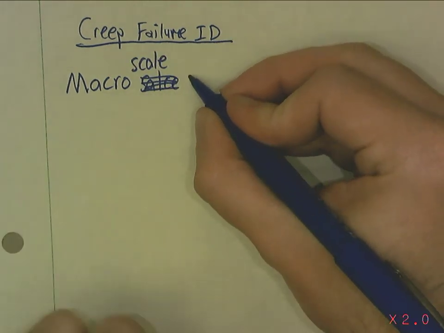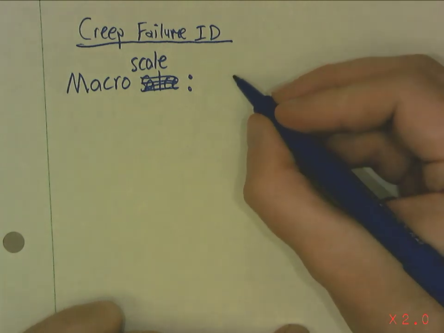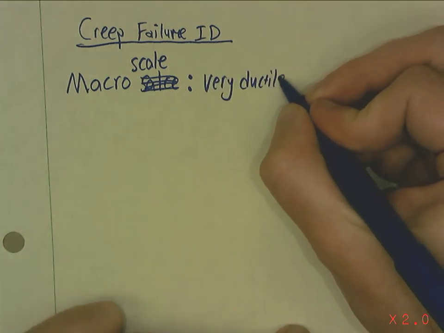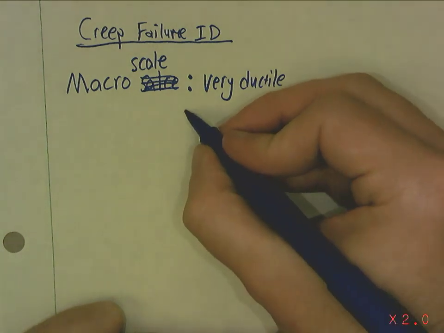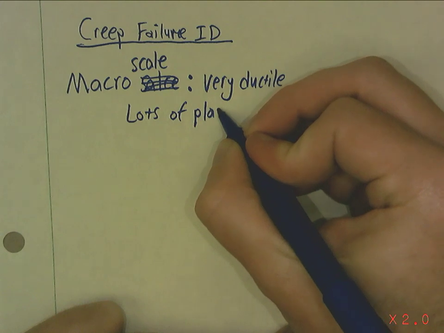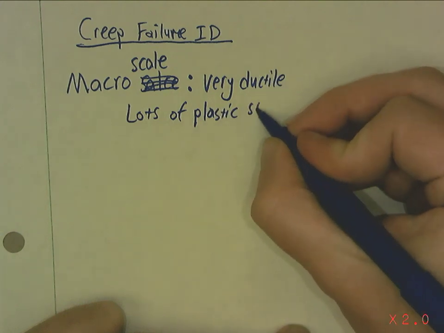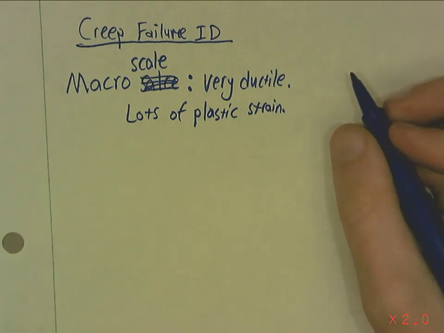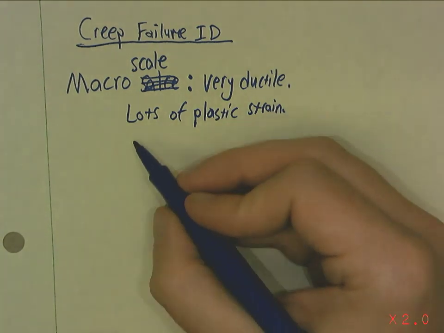Okay, there we go. Macro scale, very ductile, lots of plastic strain. But now let's consider the microstructure.